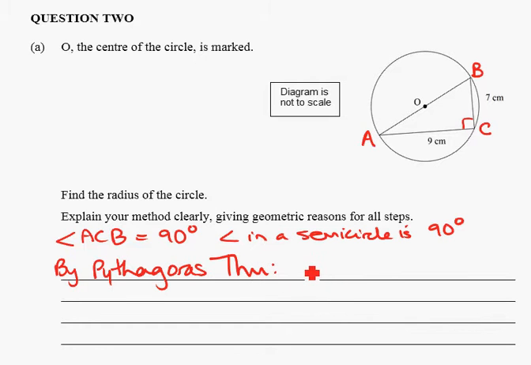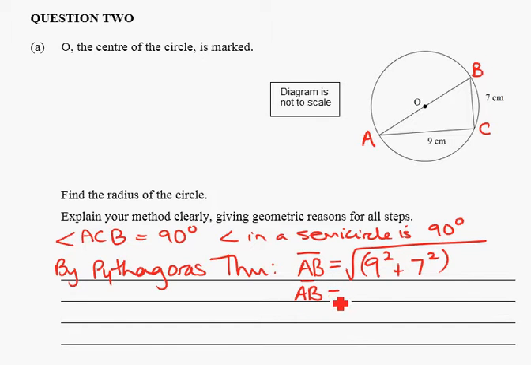I can tell that AB, we might put that across to show it's the length AB, is going to be the square root of 9 squared plus 7 squared. AB will equal, so therefore AB is 11.4017.